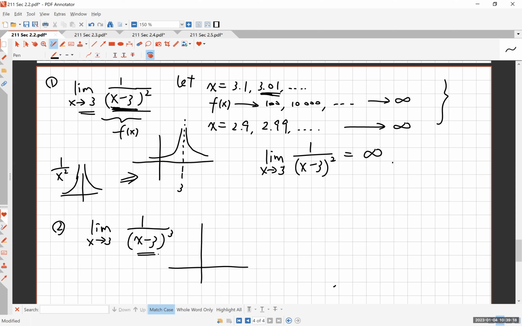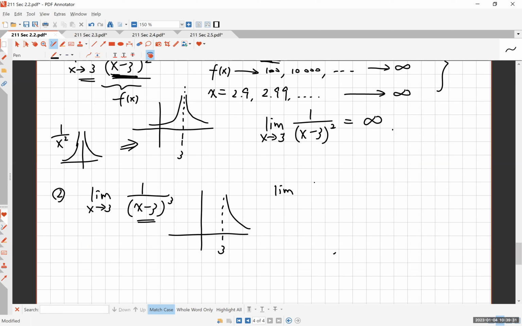It's going to be a very small positive number in the denominator. 1 divided by a very small positive number is going to give you a huge number. So the graph will go like that from the right. So you can say the limit as x approaches 3 from the positive side is infinity.